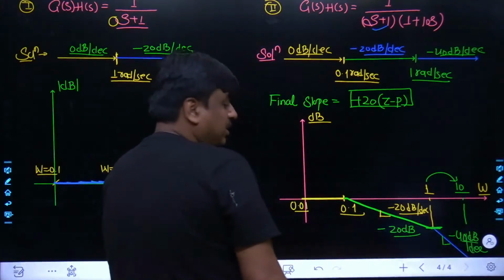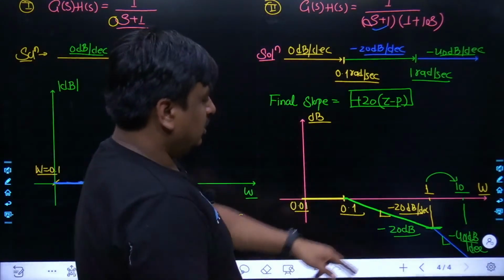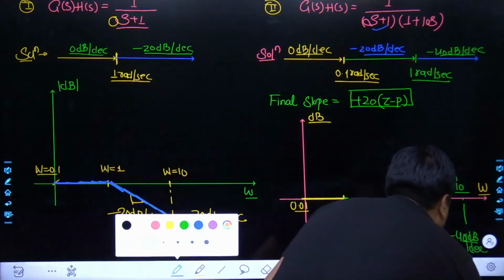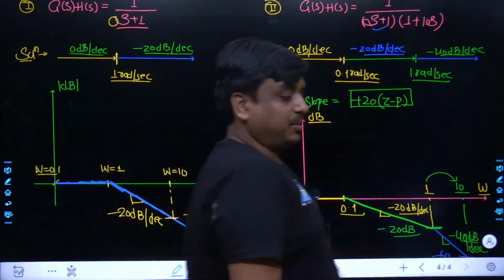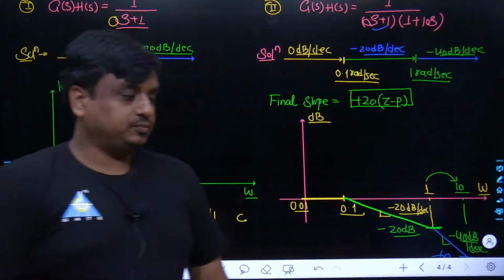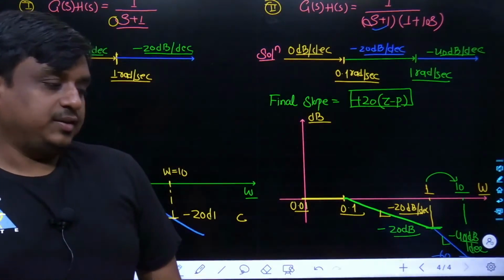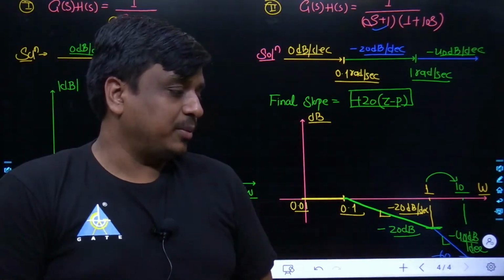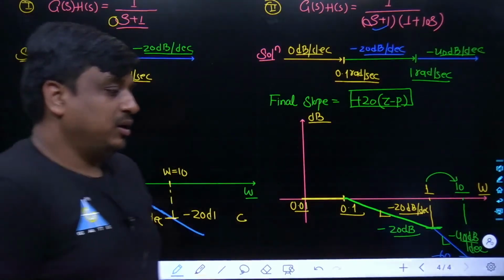The earlier magnitude was minus 20, which would be subtracted by 40 again. So obviously, the magnitude we are going to get here is minus 60 dB. Now I think it's the right time to focus on the next question.